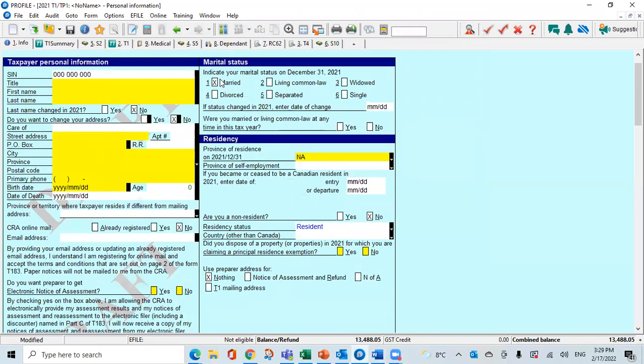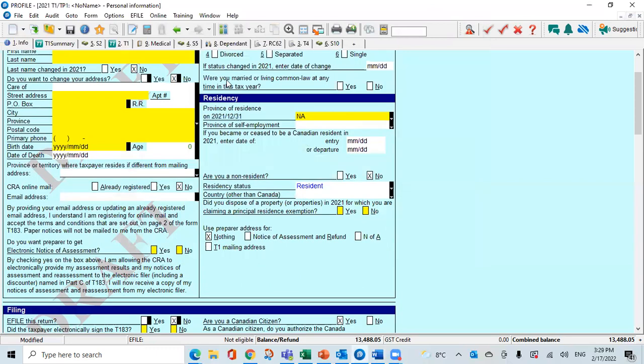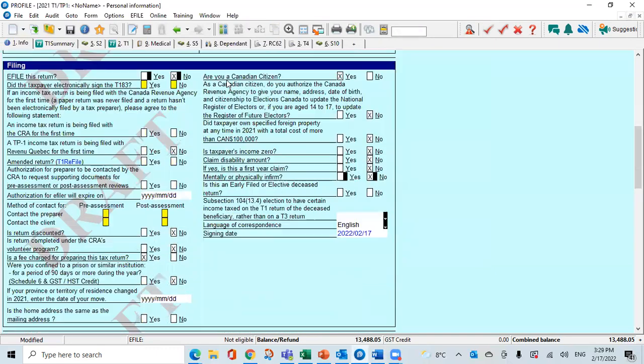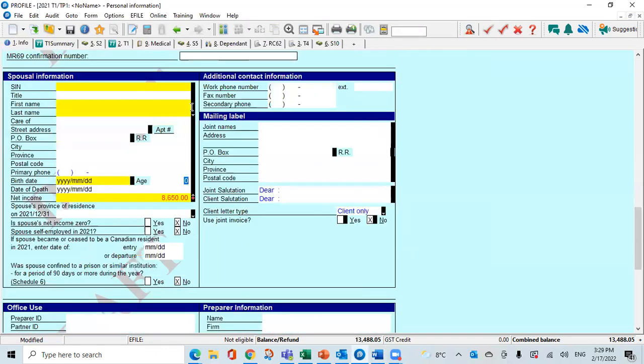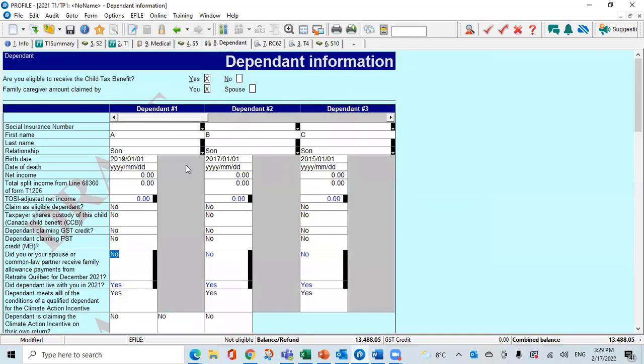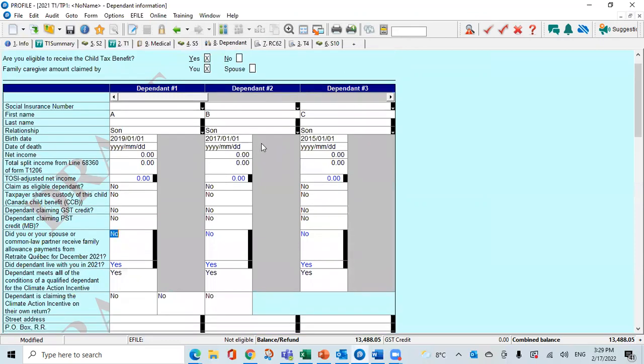I didn't enter anything, but the marital status is very important because it's going to affect your credit. So I entered married. Now, I go to my spouse information. I need to enter his income because that will decrease the spouse credit from the maximum amount. Now, when I enter everything, I need to go to dependent. I enter A, B, C, D, the 4 kids with ages 3, 5, 7, 9. I enter all that information and that's it.